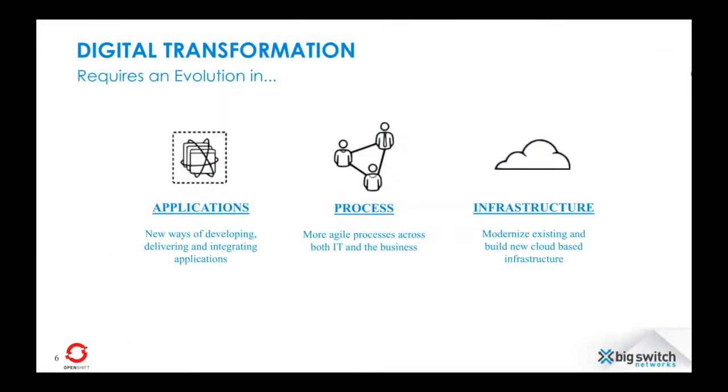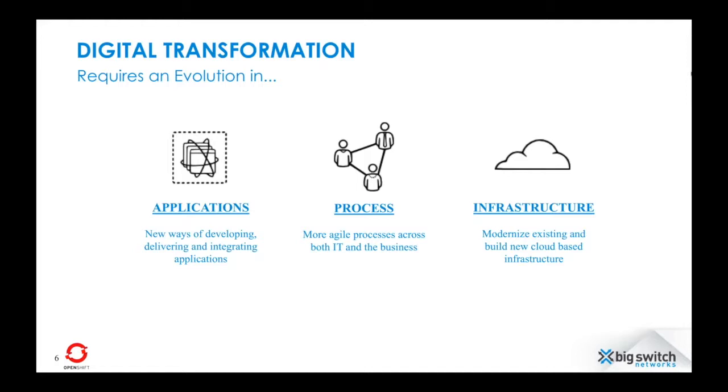You've heard about digital transformation. I'm sure you've heard about it from Red Hat, and from other vendors. Digital transformation really requires an evolution in applications, in processes, and in the infrastructure as well. It's not just about one component or the other. People need to look at new ways of developing, delivering, and integrating their applications.